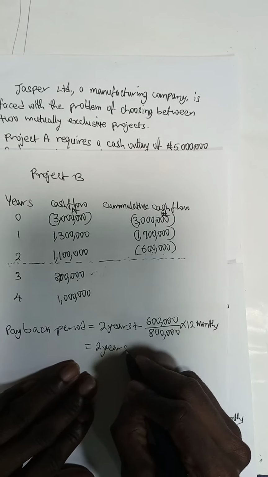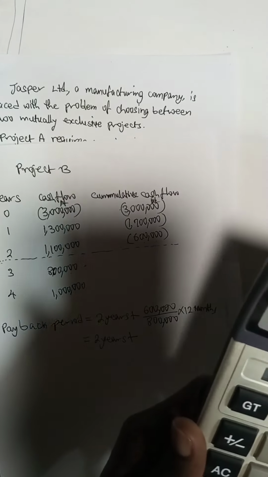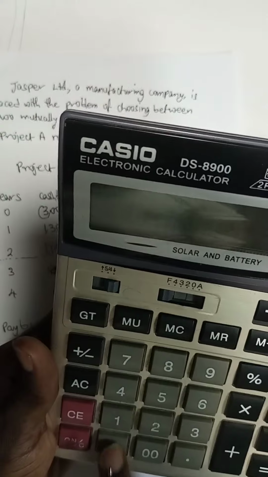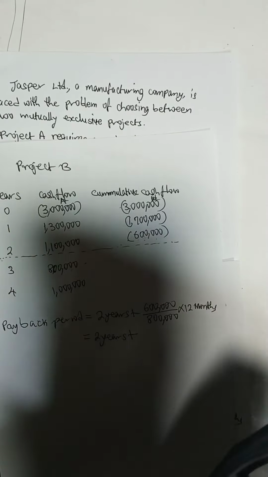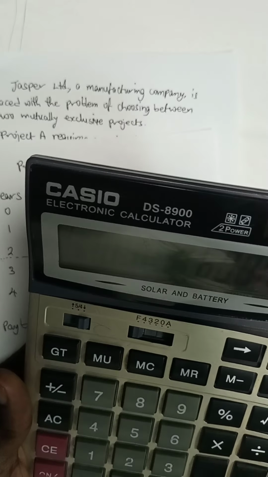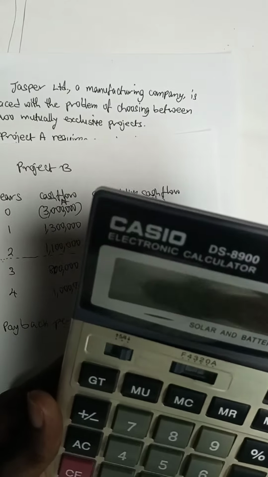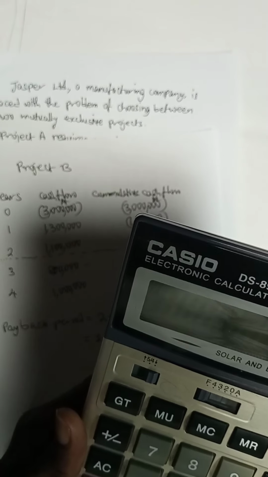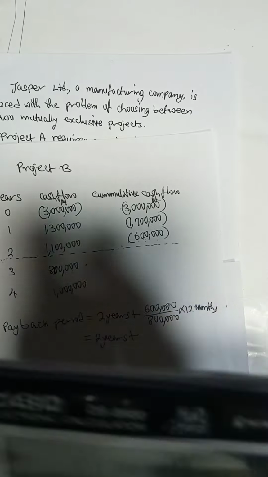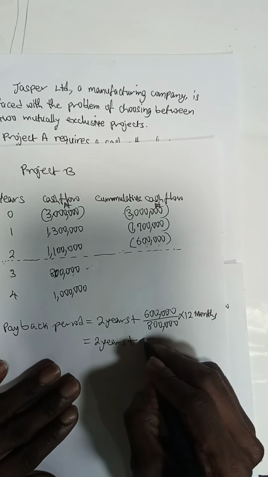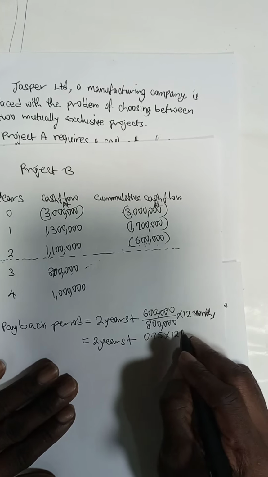So we say 2 years plus. We now divide 600,000 by 800,000, and we get 0.75. Then 0.75 times 12 months.